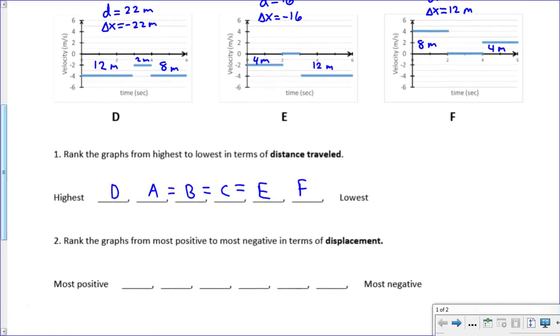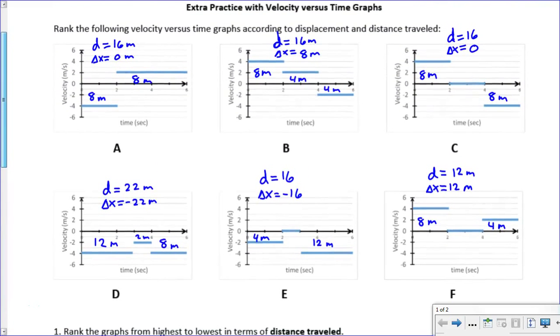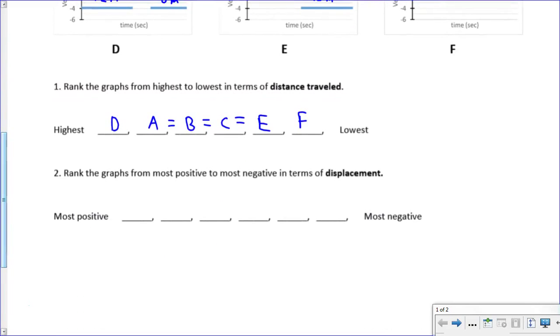For the displacement, we're looking for the most positive here. It looks like we have a 12, an 8, 2 zeros, a negative 16, and a negative 22. So the order here for that would be F, because that's the 12.